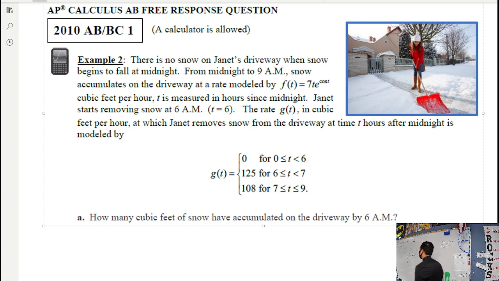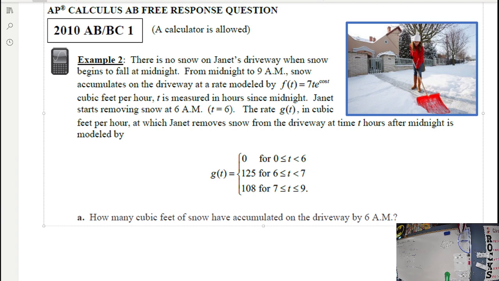What's beautiful about question 1 and question 2 on the free response is that they're calculator questions. So you still have to write stuff down, but you don't actually have to do the integral by hand. Integrals of cosine and sine are pretty easy, but when they give you the calculator problems, they're always going to give you some kind of crazy function. Do you see the function on this one?